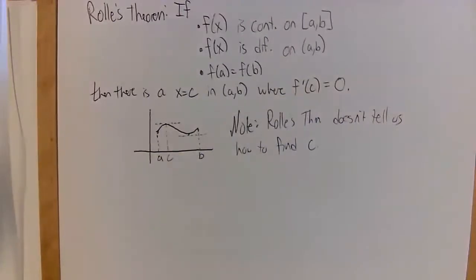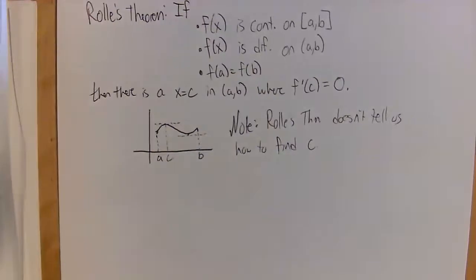All Rolle's theorem says is that this c value is going to exist. It doesn't really tell us how to find it. Now, if we know how to take the derivative of our function, we could set it equal to 0, and if it's algebraically amenable enough, we can solve for what c has to be, but that's not going to be the case for all functions. All Rolle's theorem does is tell us that a c will exist here.